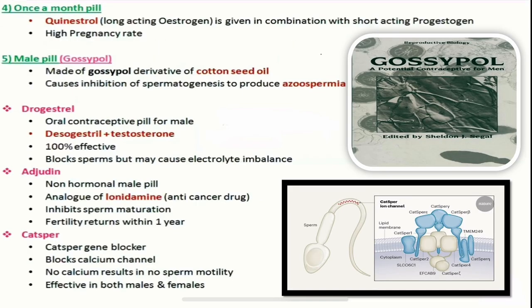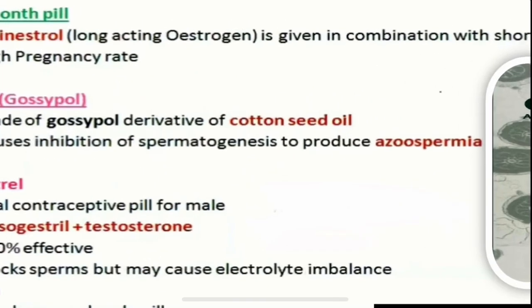Moving on to the fourth classification, we have the once a month pill, which is a long acting pill. You know the experiments with once a month oral pill in which quinestrol is a long acting estrogen.